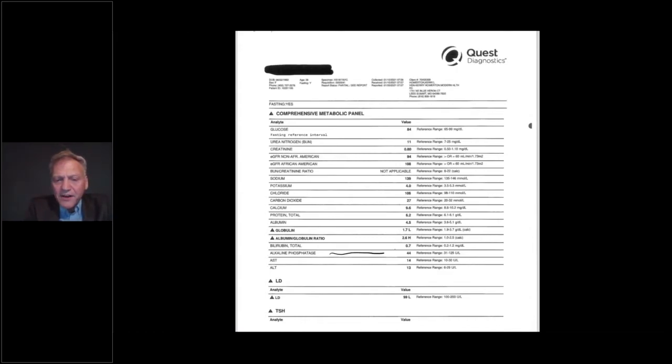Okay, so the alkaline phosphatase is low. All right, well, alkaline phosphatase should be 60 to 80. Keep in mind, you find alkaline phosphatase in the bones and you find it in the liver. So it has to do with bone turnover. The faster you're turning over bone, the more alkaline phosphatase you're going to have. That's the reason why when somebody has a metastatic cancer to the bones, your alkaline phosphatase can rise because you're making more bone. Or if a child is growing, bones growing, alkaline phosphatase will rise.